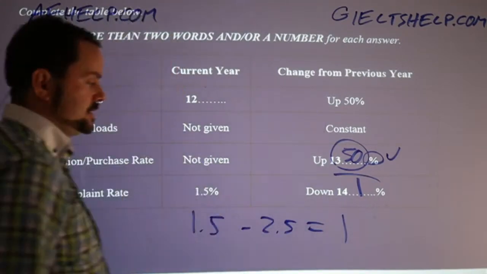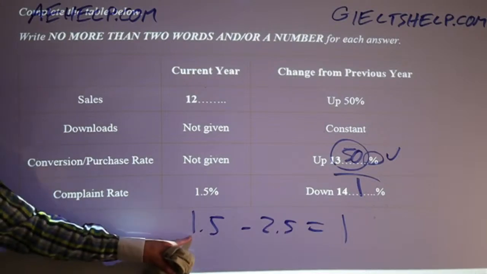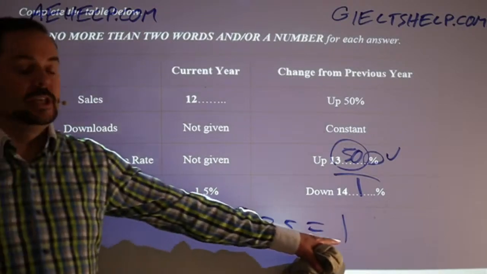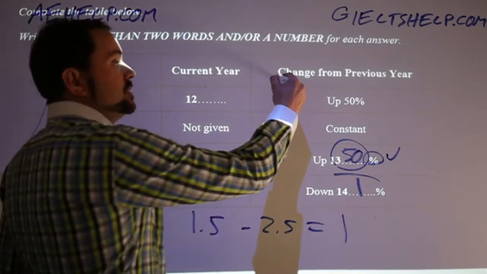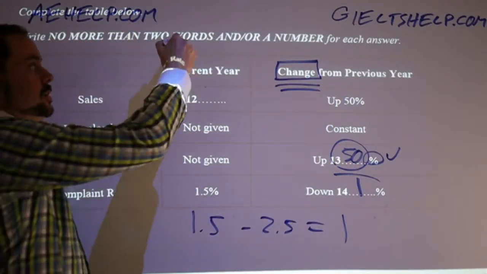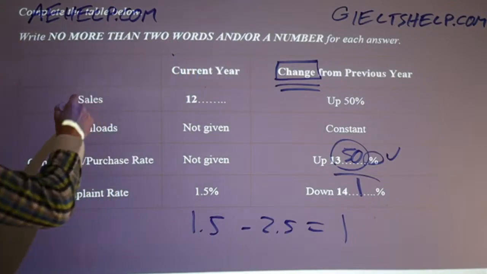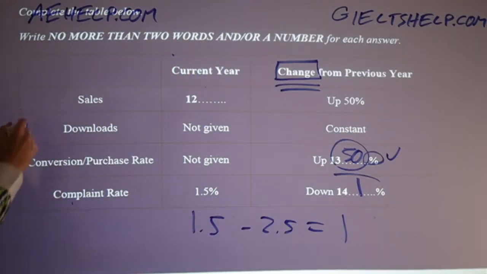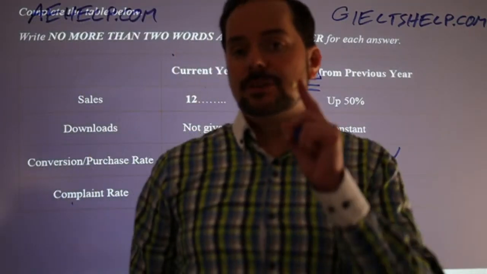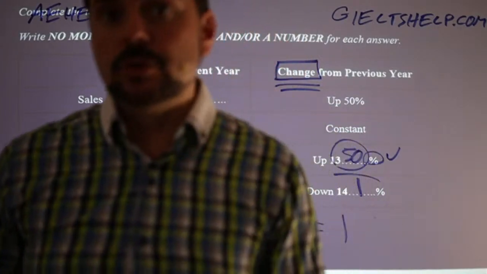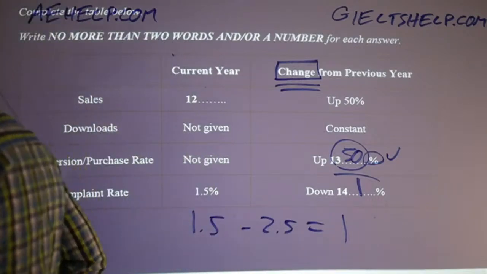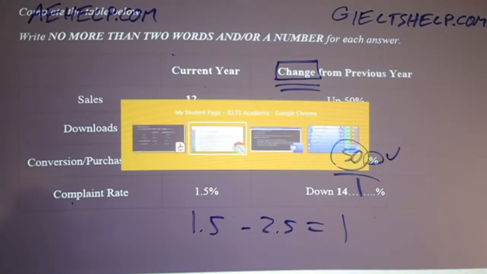So it's a difference of 1, right? So 2.5 minus 1.5 equals 1% because this is change from. Pay really careful attention to the titles of columns and rows, okay? It's a very important tip. Pay careful attention to the titles of the columns and rows in tables. Otherwise, you can get a lot of marks wrong. Be super careful about that, okay?